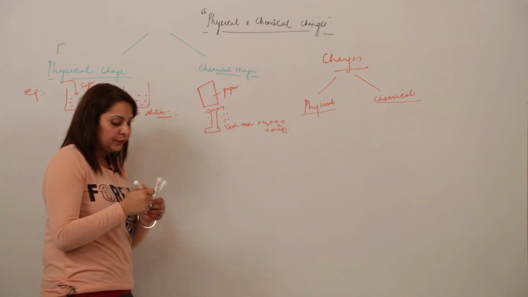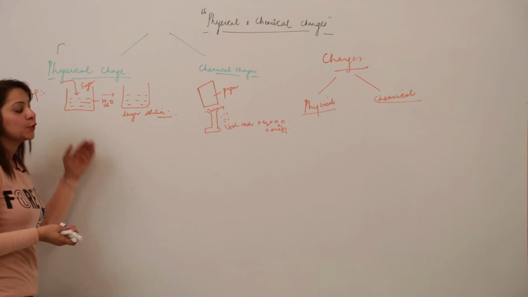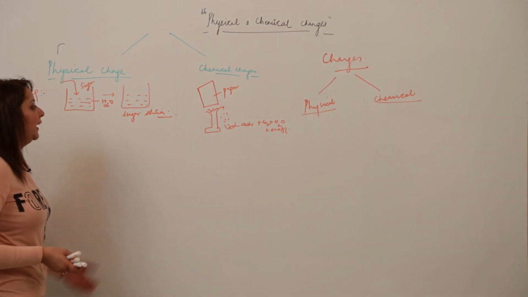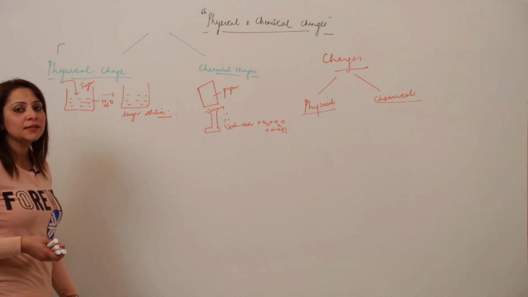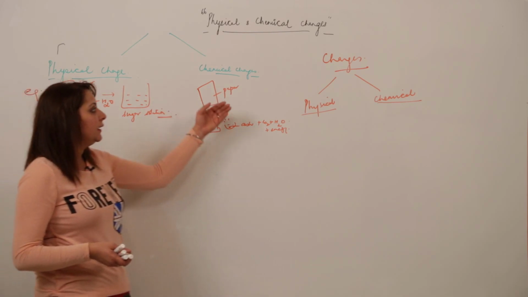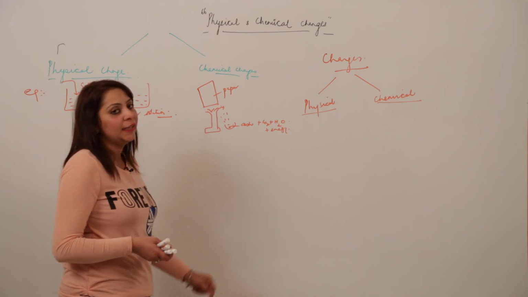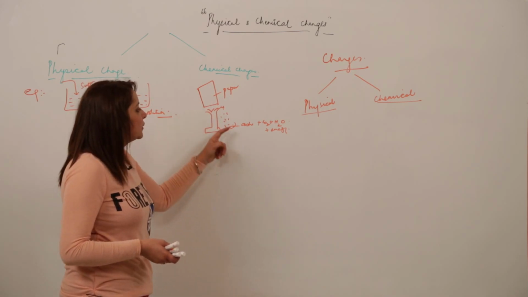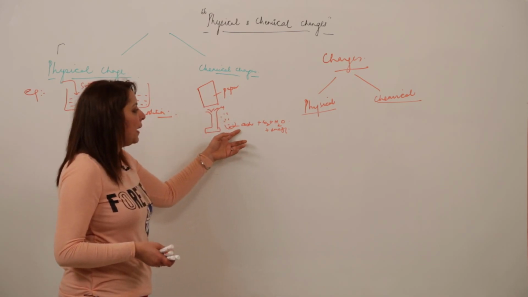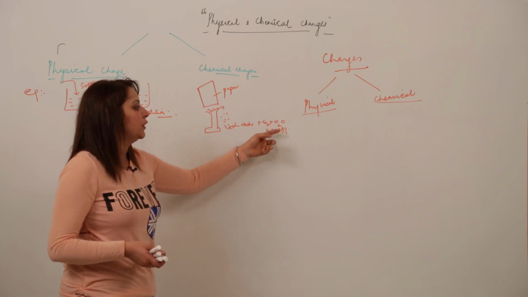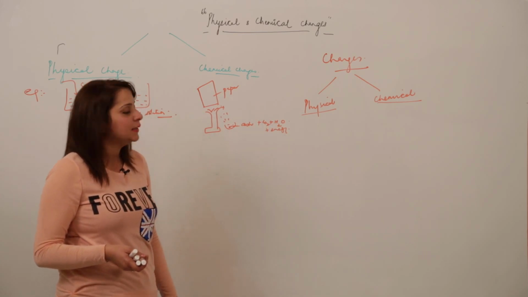So we have two examples. In one I am dissolving the sugar and I get a sugar solution which tastes sweet. In the other, as a chemical change, I have burned a paper, and it burns into ash, and carbon dioxide, water vapor, and energy in the form of heat and light are liberated.